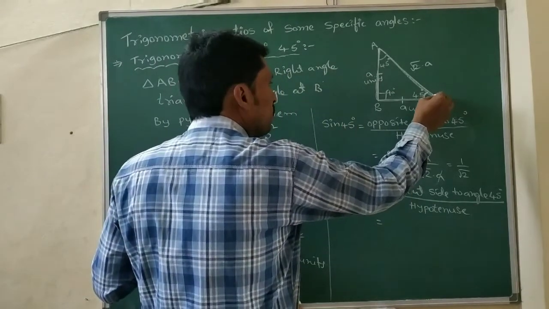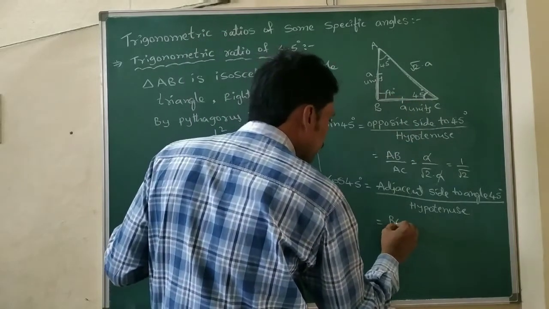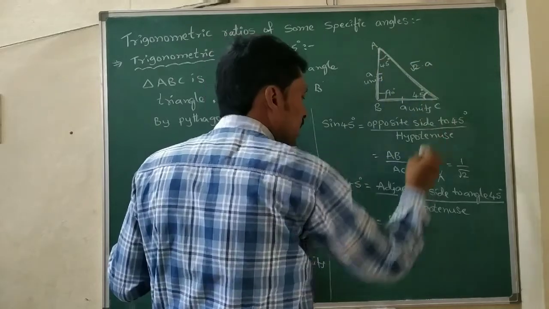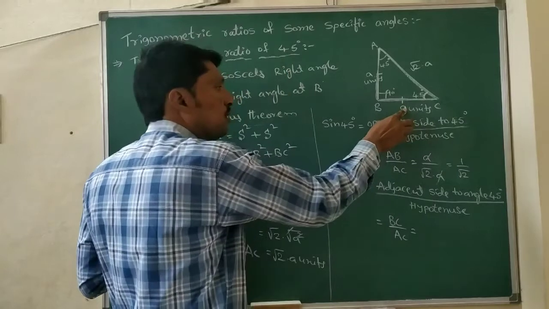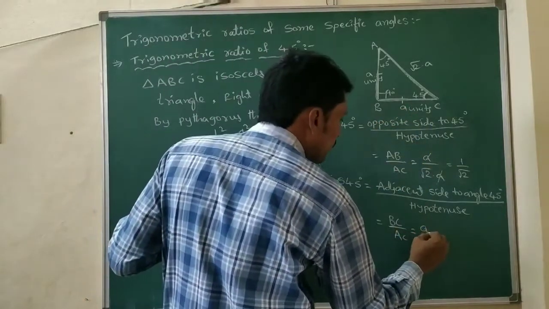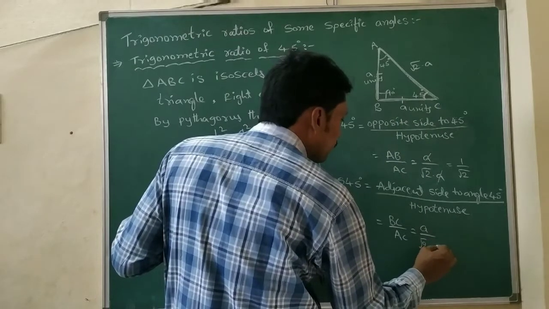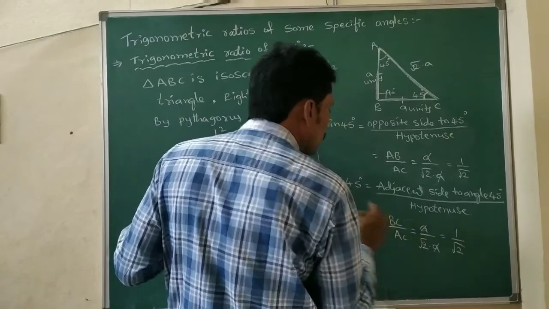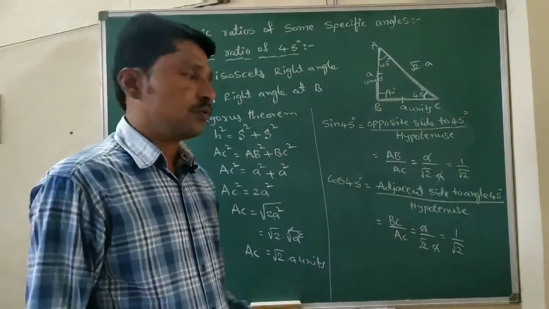With respect to C, BC is the adjacent side. So BC by hypotenuse AC. BC is A units, AC is root 2 into A. A and A get cancelled, that equals 1 by root 2. So cos 45 is also 1 by root 2.